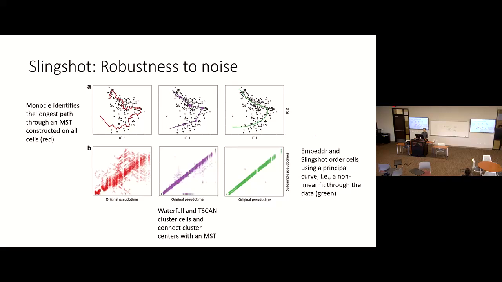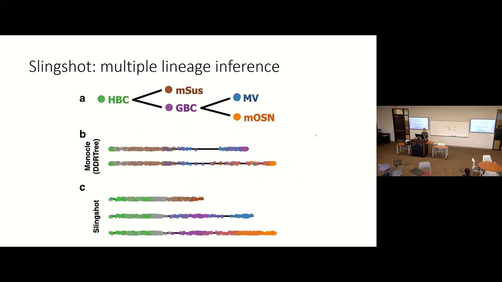Slingshot is another package claimed to be robust against several others. It also allows you to build more trajectories.